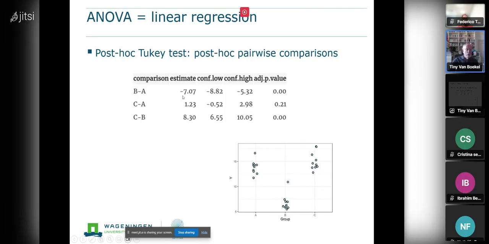So in the previous slide, it was an analysis for the whole group, but now you can also compare B and A, C and A, and C and B. And then again, of course, you see the same differences. The difference between C and A is not significant. So this is the classical way of how you can study the differences between treatments.